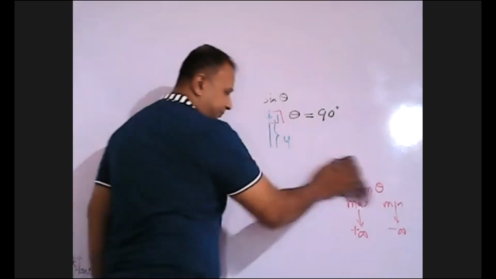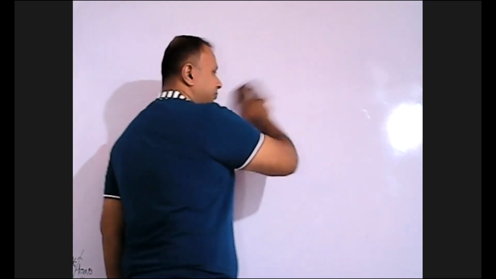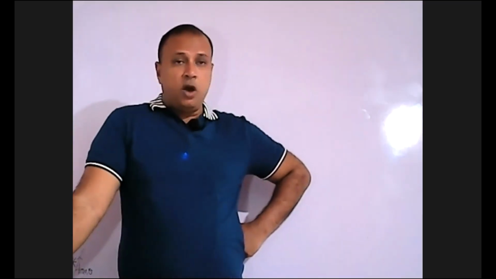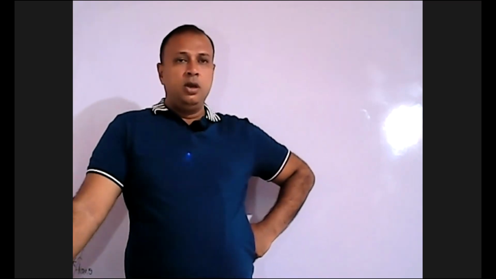Okay, write down this. X values of points on the unit circle are in between +1 and -1.